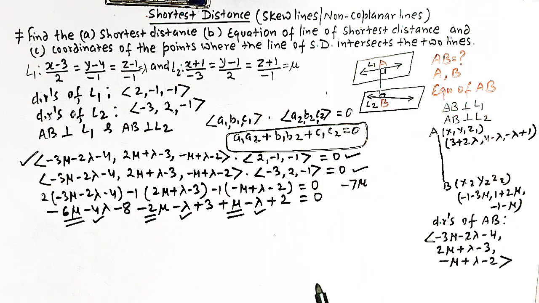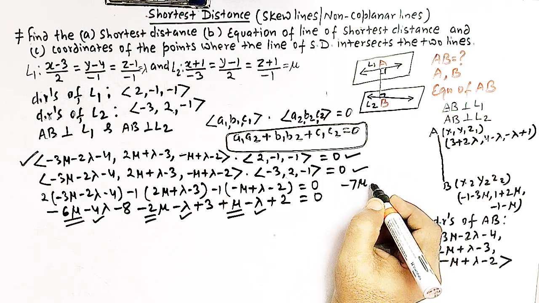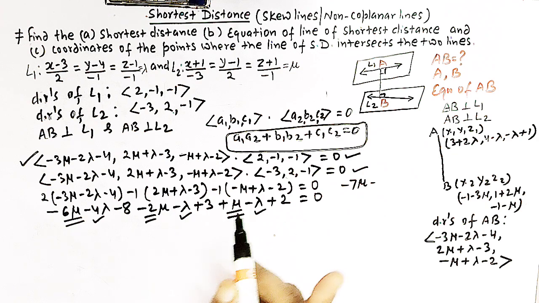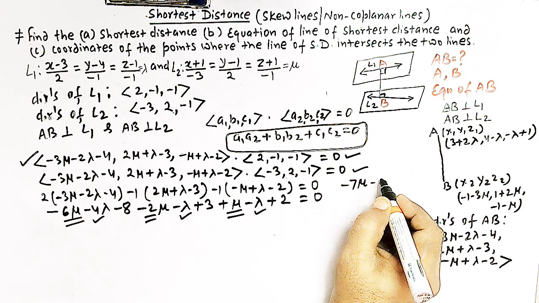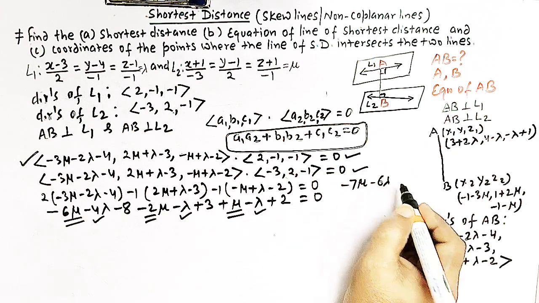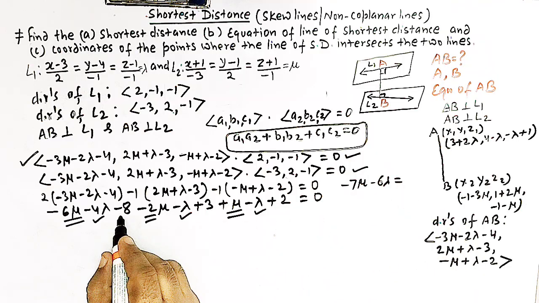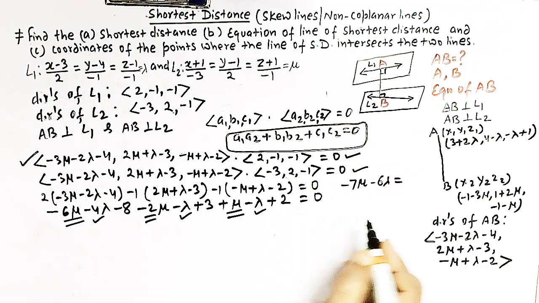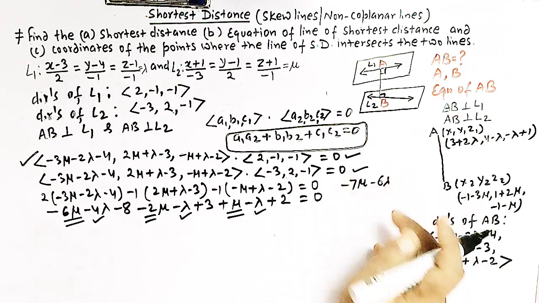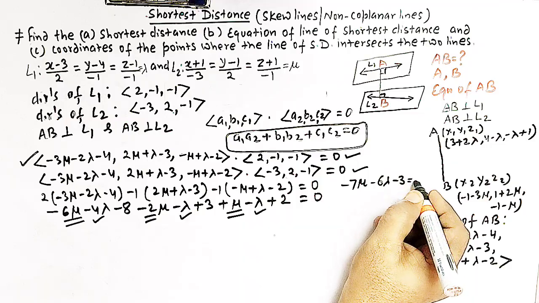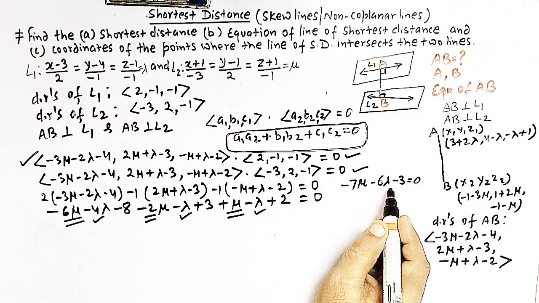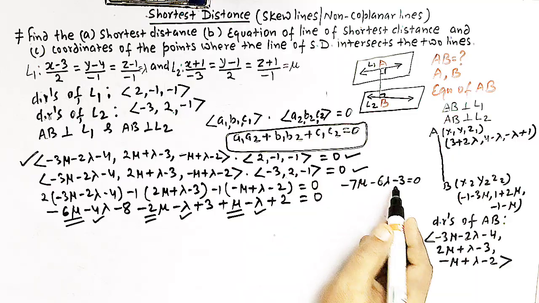So here we have minus 6 lambda, and the constants are minus 8, 3 and 2. So this is minus 5 plus 2, that is minus 3. So here we can write minus 7 mu minus 6 lambda minus 3 is equal to 0, right? So now we have this equation.